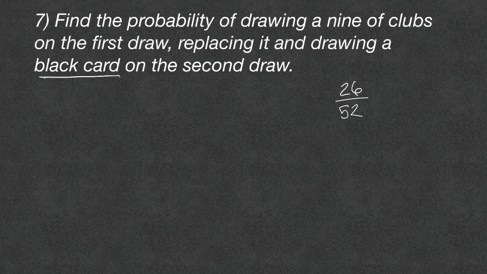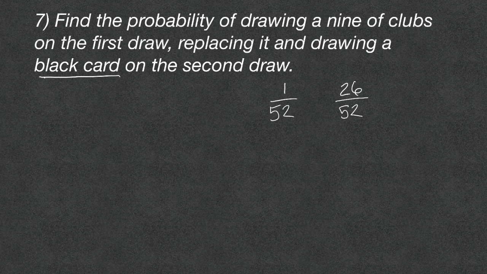All right. So drawing a 9 of clubs on the first draw. Let's talk about that one. So that's a unique card. That's 1 out of the 52. And these are 2 events that are independent, right?